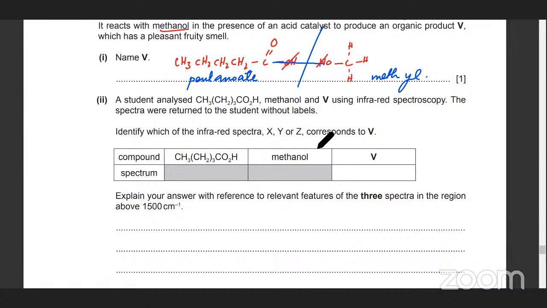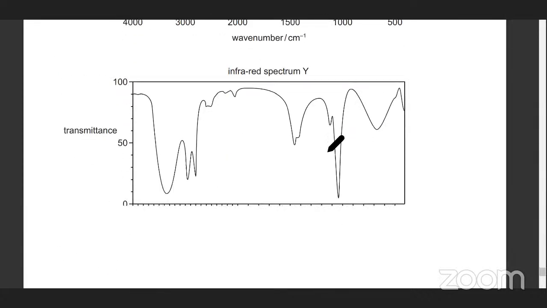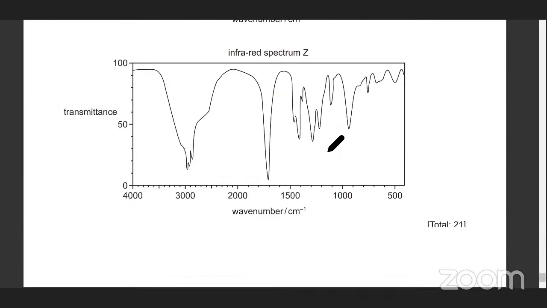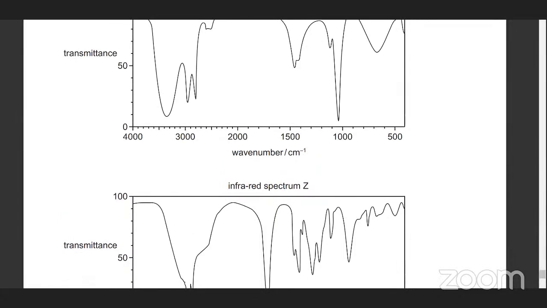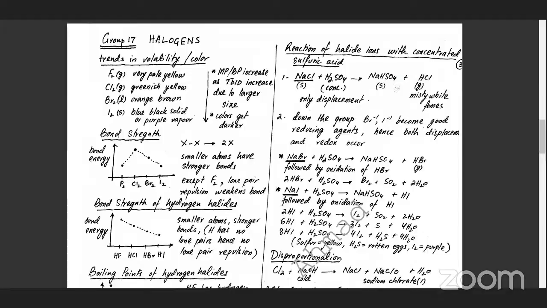Identify which infrared spectrum corresponds to X, Y, or Z. So they're drawn over here. So remember, one of them is a carboxylic acid, one is an alcohol, and the other one is an ester. So you're given 3. So we need the data booklet. Where's the data booklet?